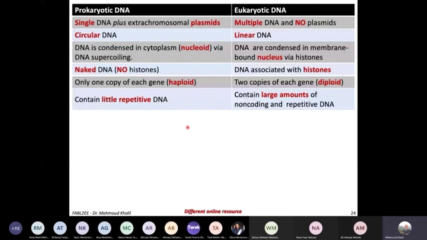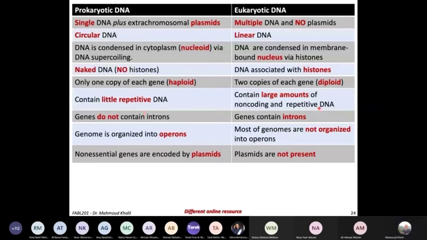The genes in the prokaryotes are haploid, but of course we all know that the genes in the eukaryotes are diploid. For prokaryotic DNA, there is little repetitive DNA. And as we said in the last lecture, DNA of eukaryotes has a large amount of non-coding and repetitive DNA. Genes for prokaryotic DNA do not contain introns.